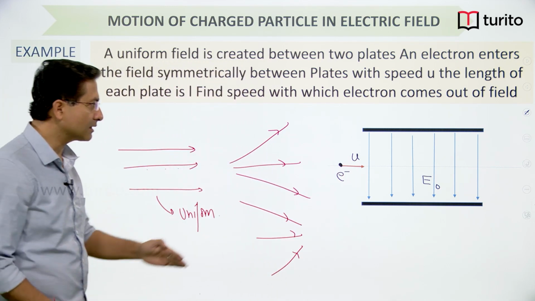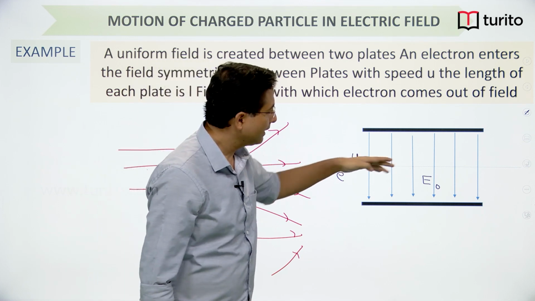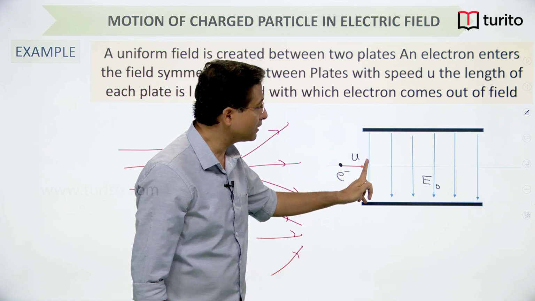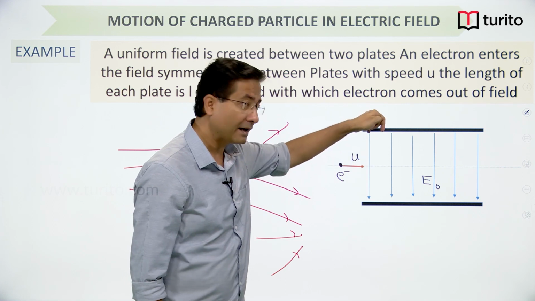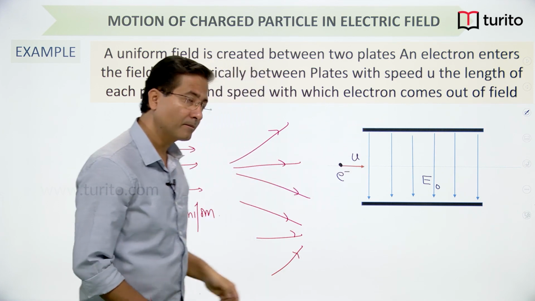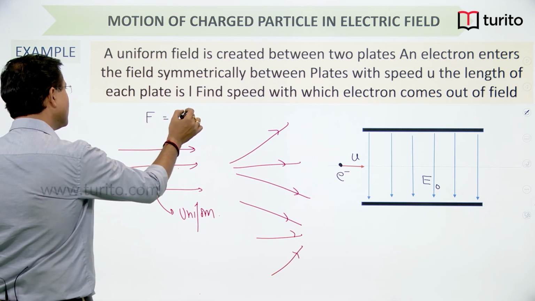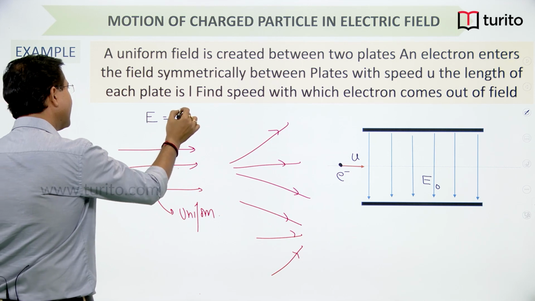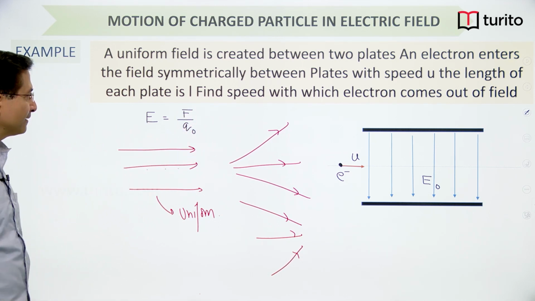As you project the electron into the field, the electron, having negative charge, will experience force in the vertically upward direction, or I can say opposite to the field. E is equal to F by q naught, right.